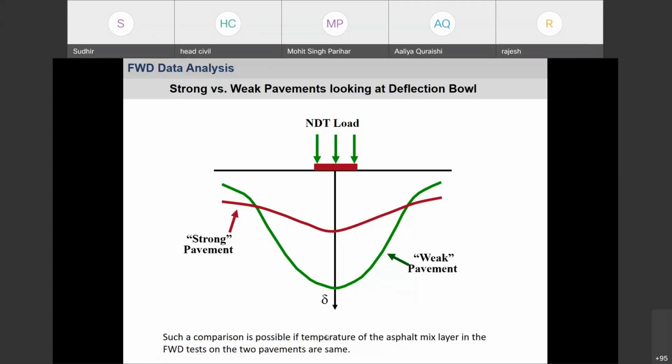Then we understand that if it's a flexible pavement, the pavement at 30 degrees centigrade will be softer. The asphalt mix will be softer compared to the pavement in which the asphalt layer was at 20 degrees centigrade. So if you want to analyze this FWD data, you need to apply some corrections so that you are analyzing all the data at some standard level, or for some standard datum analysis.